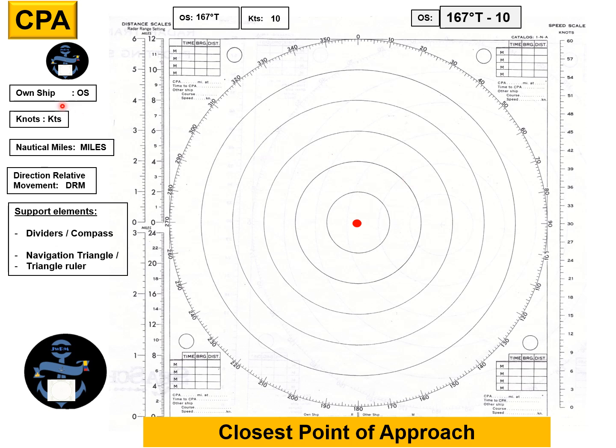So here I have concepts of own ship, knots, nautical miles, direction, relative movement, the elements that you need to use in order to develop this exercise: dividers, compass, or navigation triangle ruler. This here is about the own ship that I'm going to use in the second part.